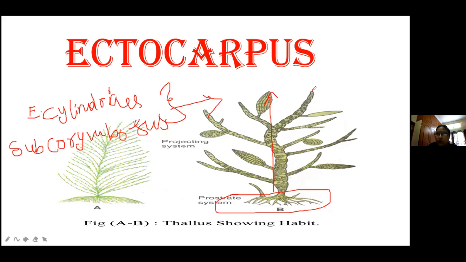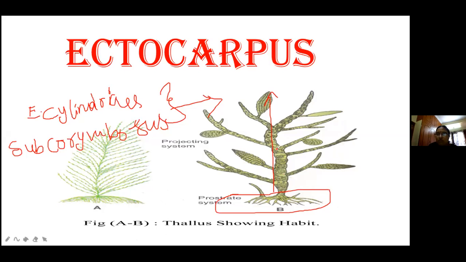But Ectocarpus granulosus, granulosus. The older portion of the axis of the thallus may be surrounded by descending rhizoid-like branches that arise from the lower cells of lower branches.